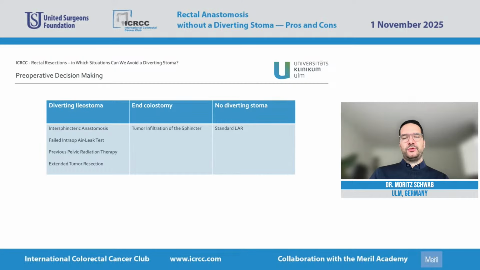The end colostomy only with sphincter infiltration. And our standard in our institution is, or should be, the LAR without diverting stoma.